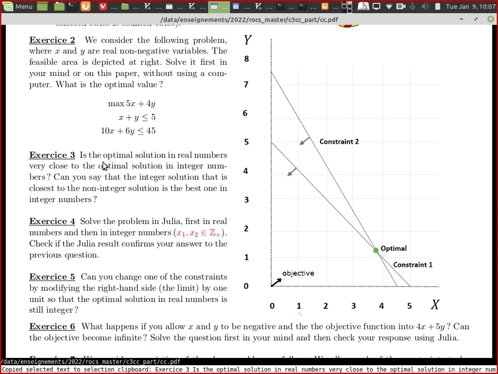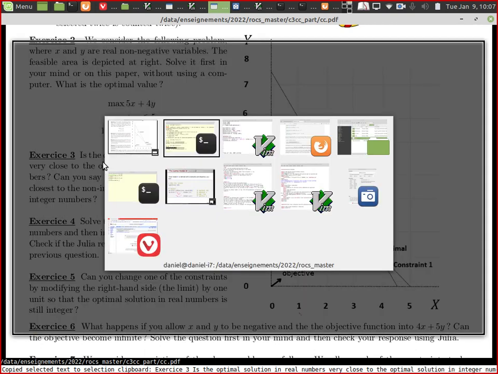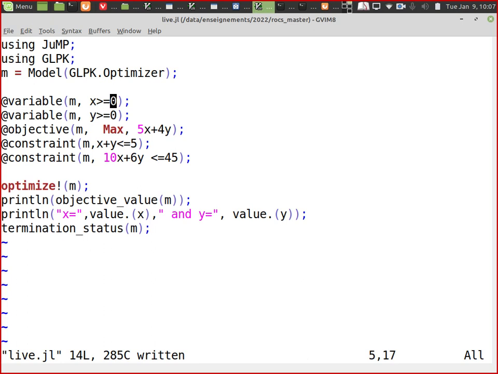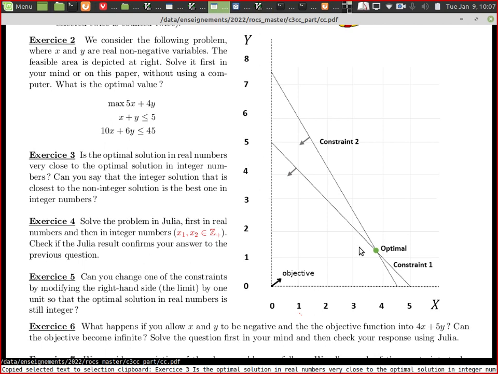What do I mean by that? I will now change the model a bit, and I will give here for the variable integer, int. See, I put int here. Now I change the problem. It is no longer a problem in real numbers, but in integer numbers. What will happen? This point can no longer be optimal. You follow me?